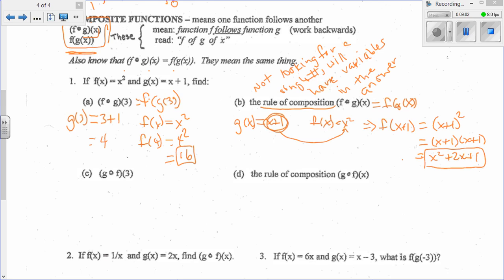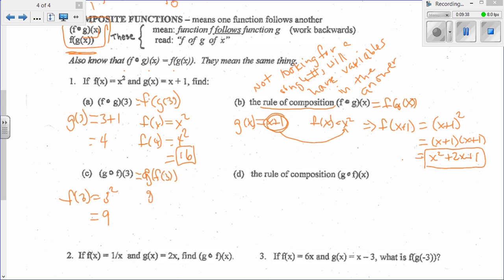So that's how we can check to make sure we did our rule properly, if we have a problem like part A. Part C is g of f of 3. So this time, g of f of 3 means I'm going to take f first. So f of 3 equals 3 squared, which is 9.